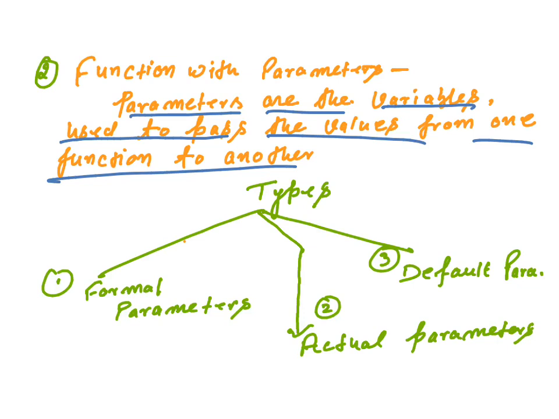Suppose you have two students, one student is this one, another student is this one. If you are throwing a ball from here to here, then you have your hands and the other person also has hands to receive. So from one hand you are throwing the ball, the other hand is receiving the ball.